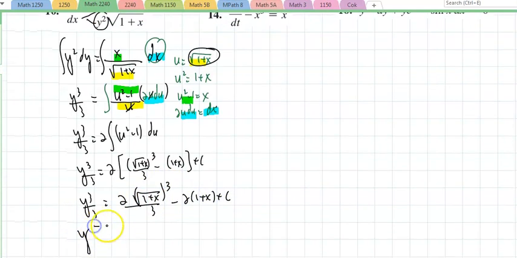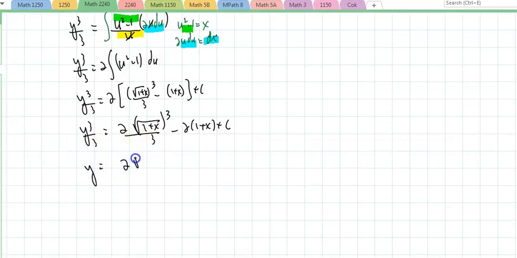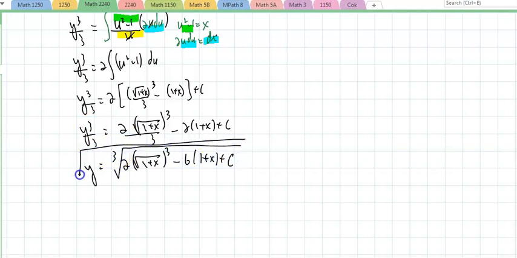And I could say y cubed equals, if I multiply by 3, twice the square root of 1 plus x cubed minus 6 times the square root of 1 plus x plus c. And if I cube root both sides, that would be my final answer.